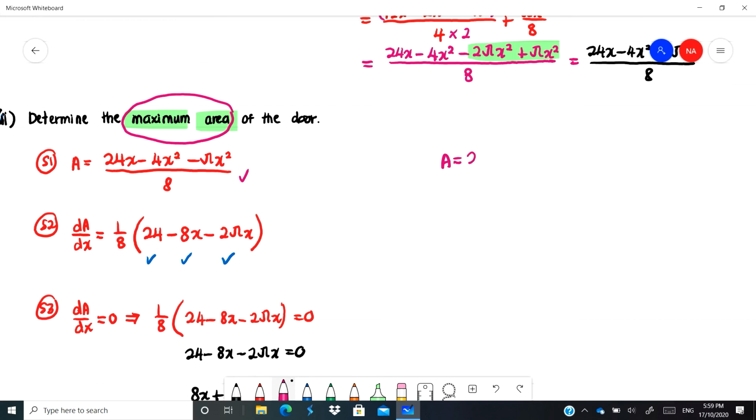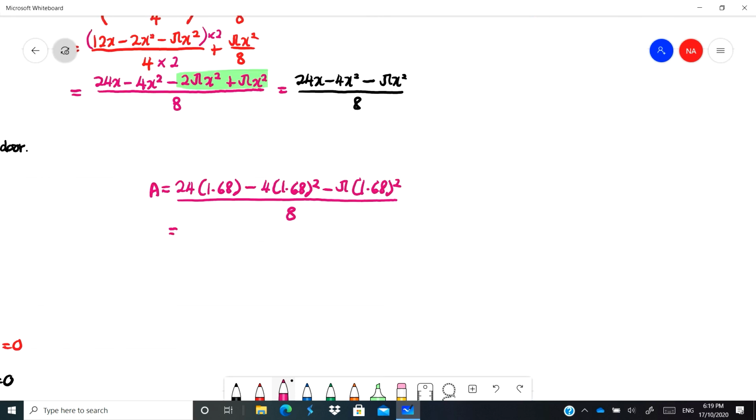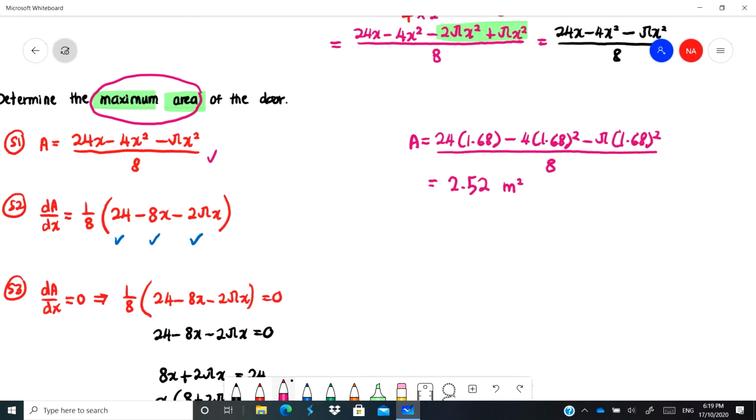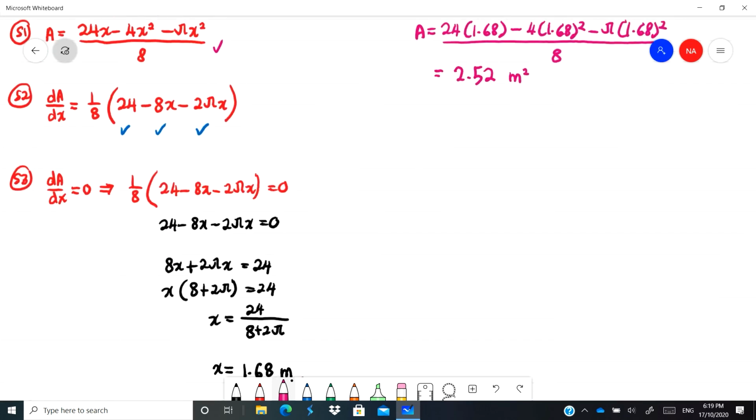We will have 24 multiplied by 1.68 minus 1.68 squared minus pi of 1.68 squared, everything over 8. Now pressing your calculator, we will get 2.52 meter square. Because it is the area, the area should be in meter square.